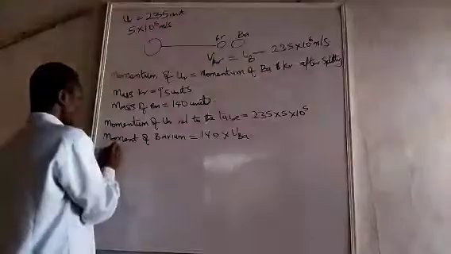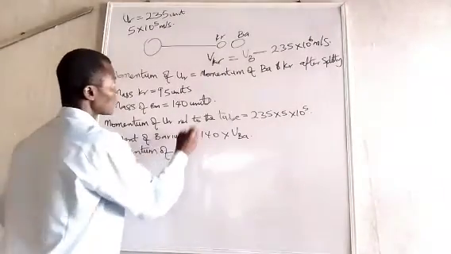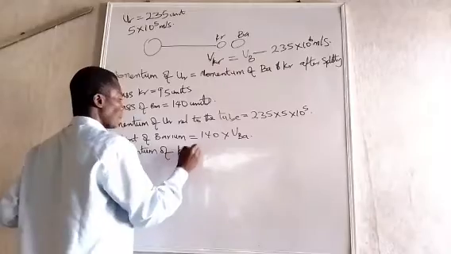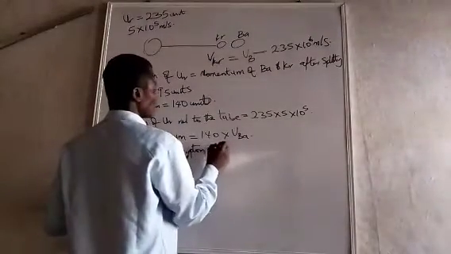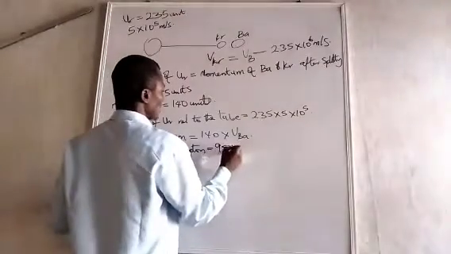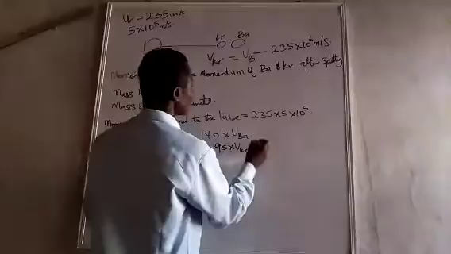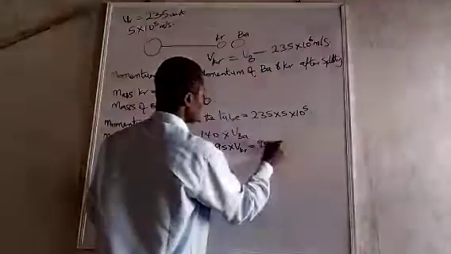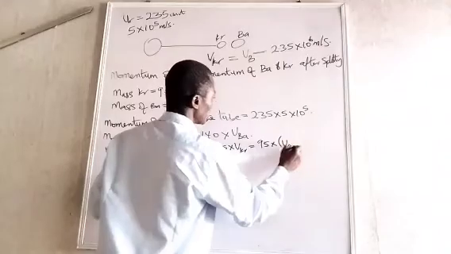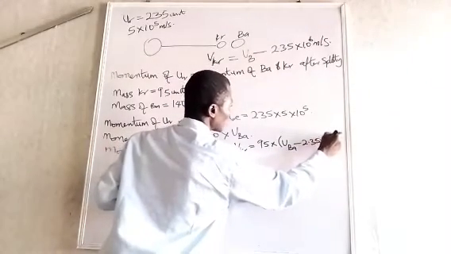Now, the momentum of krypton is equal to 95 times the velocity of krypton, which is equal to 95 times the velocity of barium minus 2.35 times 10 to the power 6.